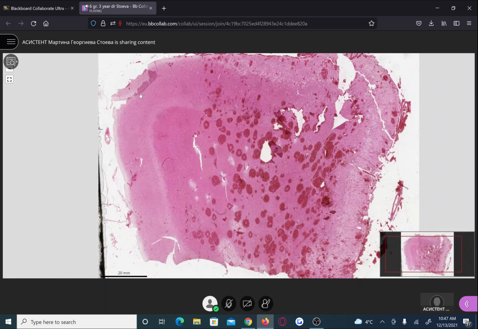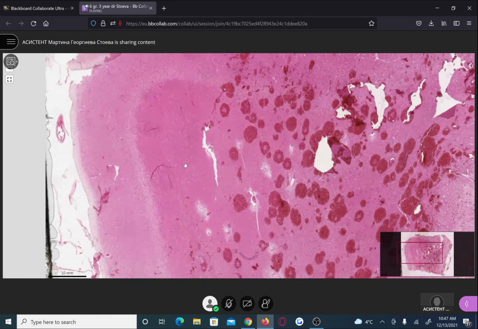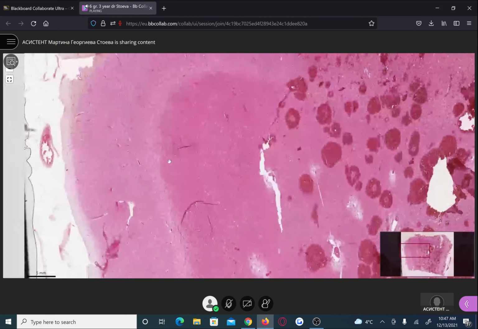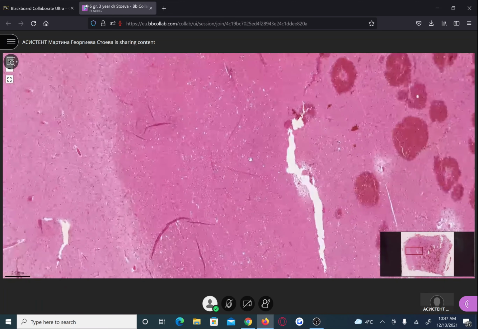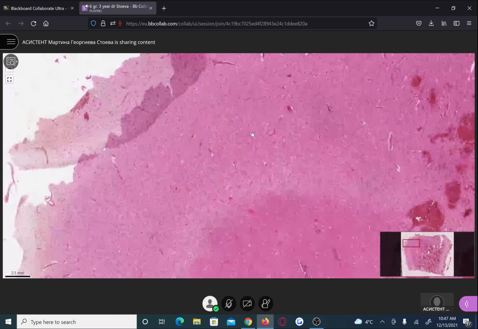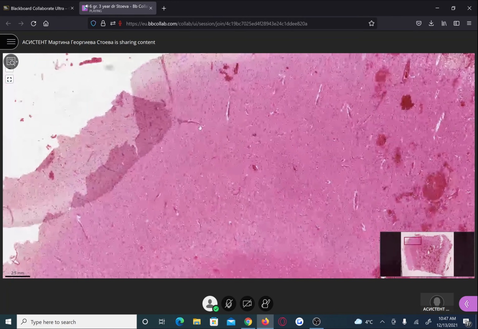So here is the zone where we can find the bodies of neurons. While the central portion is more eosinophilic; this is the area where we can find only processes of neurons with glial cells. So the thing that we care about here to recognize the organ is the cortex.